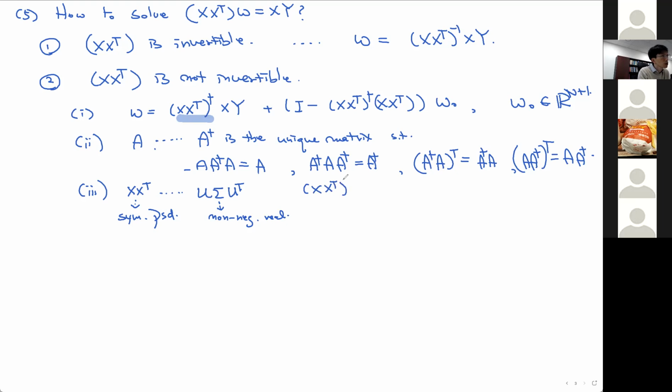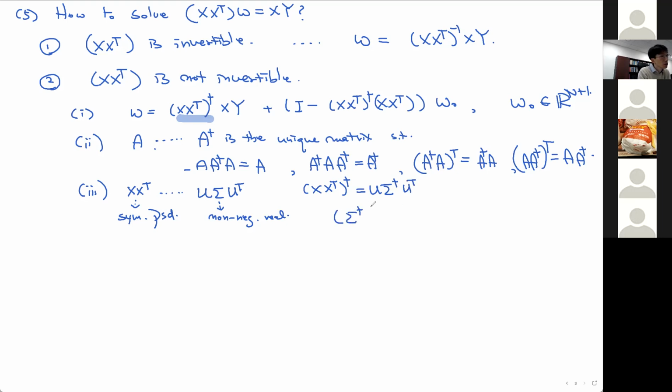The pseudo inverse has the same form, but we take the inverse of sigma whenever an entry is not equal to 0. That's what this sigma dagger says.